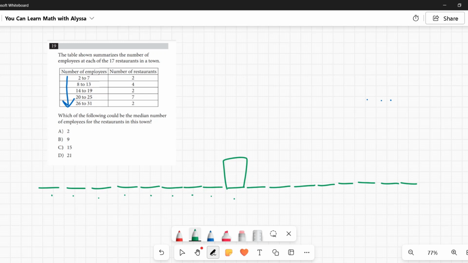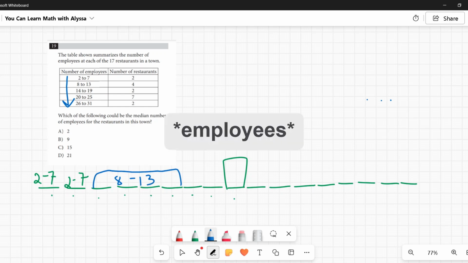This is the one we want, the median. It's telling us that there were 2 restaurants that had employees between 2 and 7. So for this restaurant, the employees are going to be from 2 to 7, and for this one too. Then it says there's 4 restaurants that had 8 to 13. So that's 1, 2, 3, 4. These 4 were between 8 and 13.